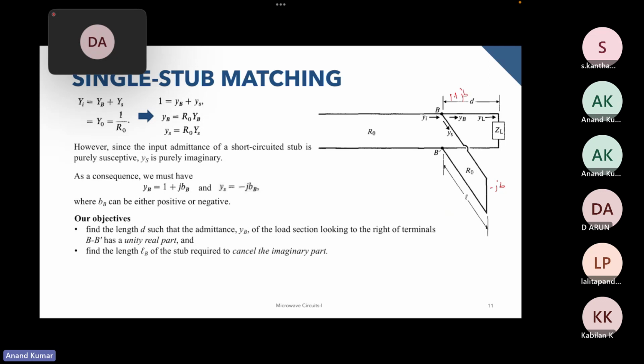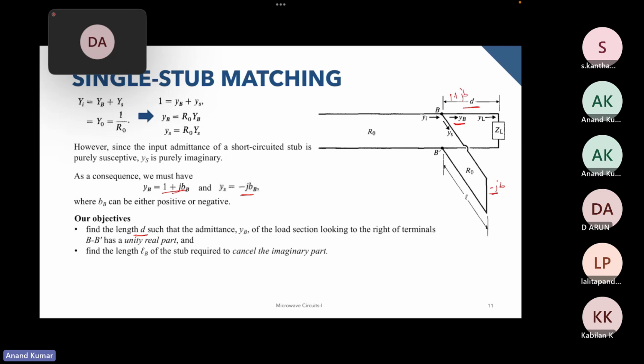This B could be minus or plus anything; for convenience, we are using the minus term over here. So the next goal is to make YB of 1 plus JB form and YS of minus JB form.